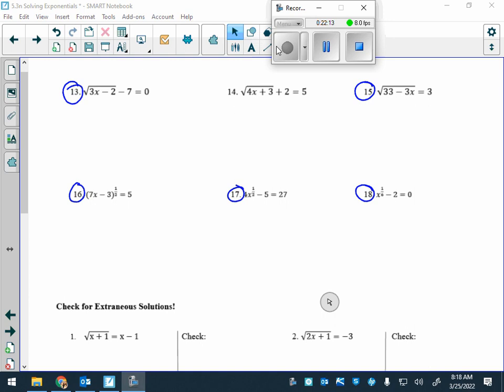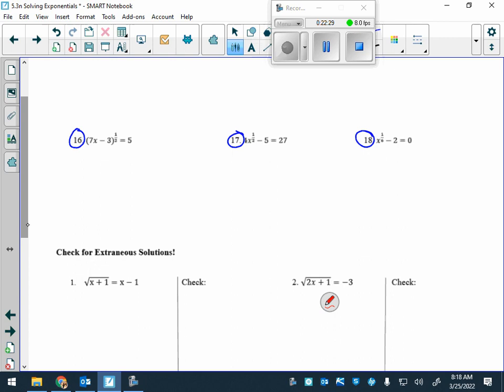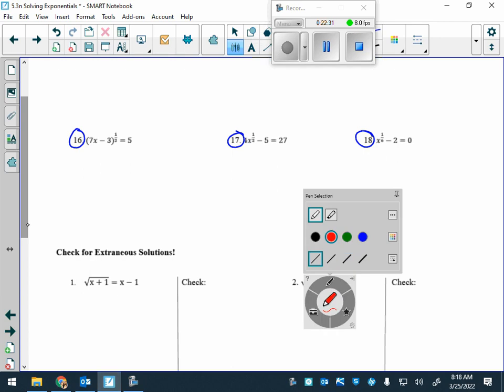All right, number 15. X equals 8 is correct. How many of you did get that correct? Good, okay. Number 16. Let's go through it. What do you have to do to both sides? Square both sides.